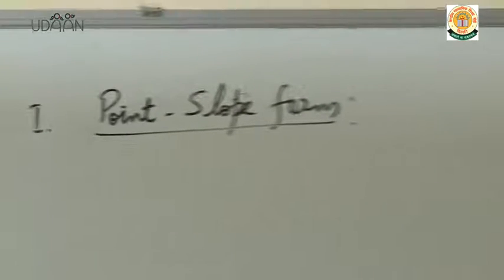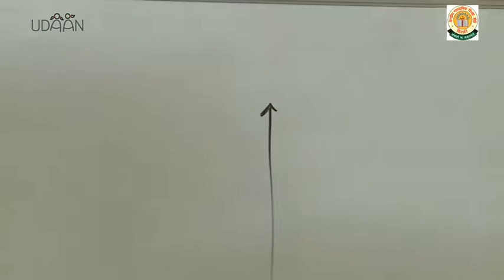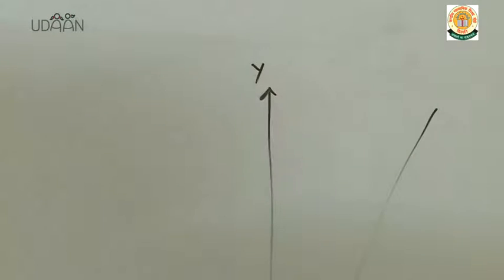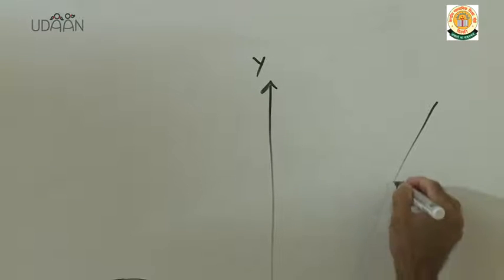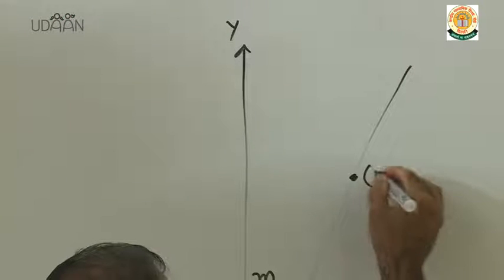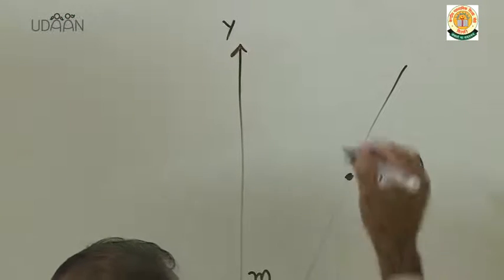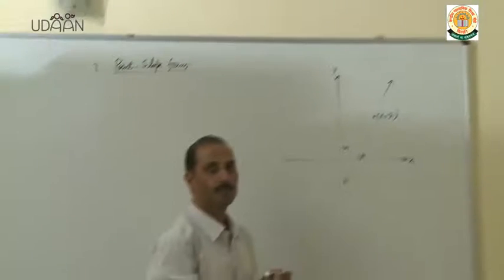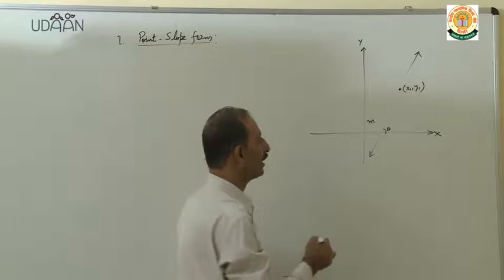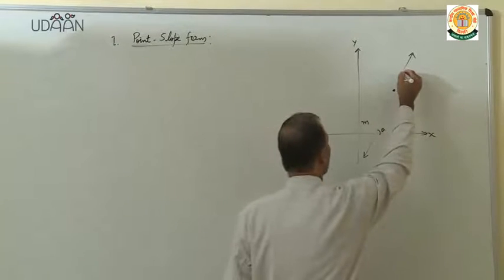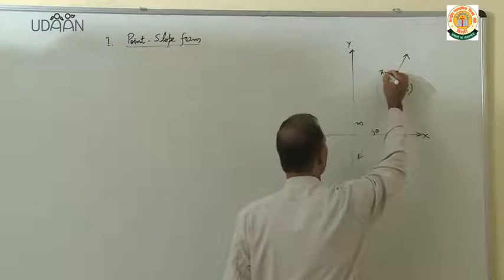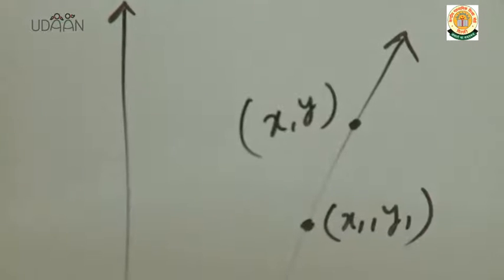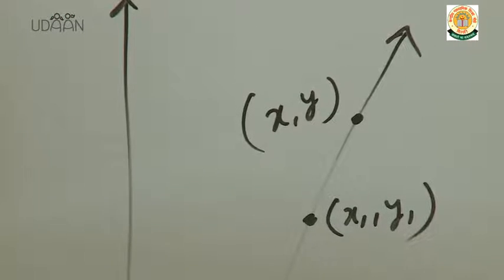It means find the equation of a line whose slope is given, say m, and one point is given on the line, x1, y1. Now, to form the equation, I am taking a general point on this line, say x comma y.